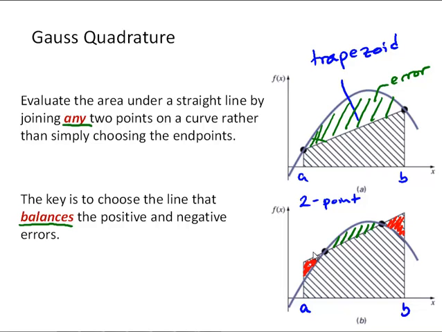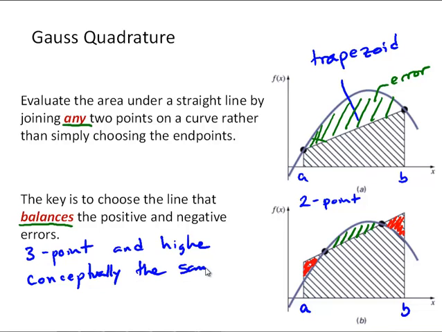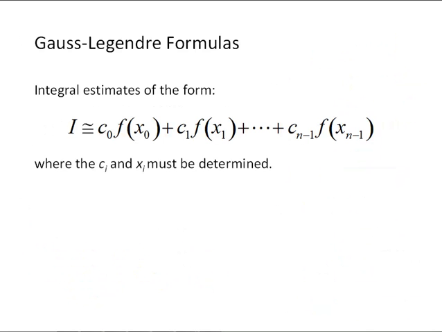We can do this for a 2-point formula, thinking about this as a line, or a 3-point, and higher is conceptually the same. So let's look at how we would do that.